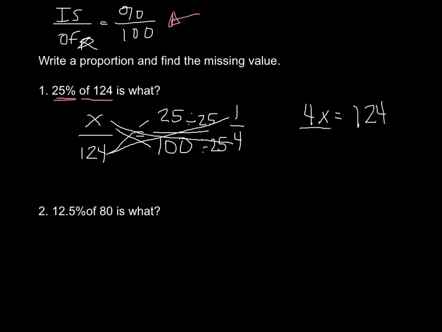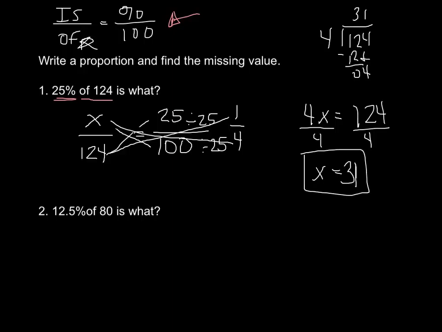So now I just need to divide by 4, get x equals 124 divided by 4. 3 times 4 is 12, minus 12, bring down my 4, 4 goes into 4 once, so x equals 31. Okay, so 25% of 124 is 31.